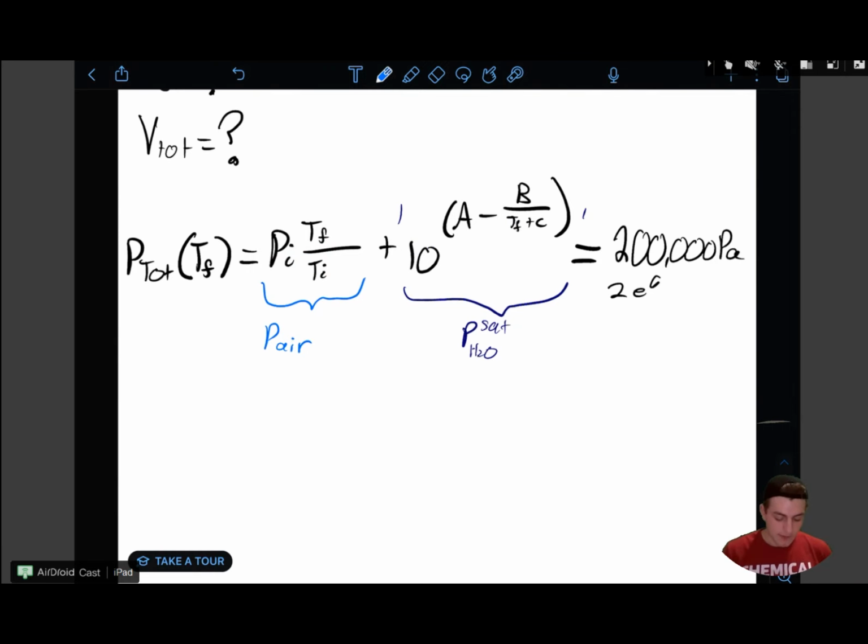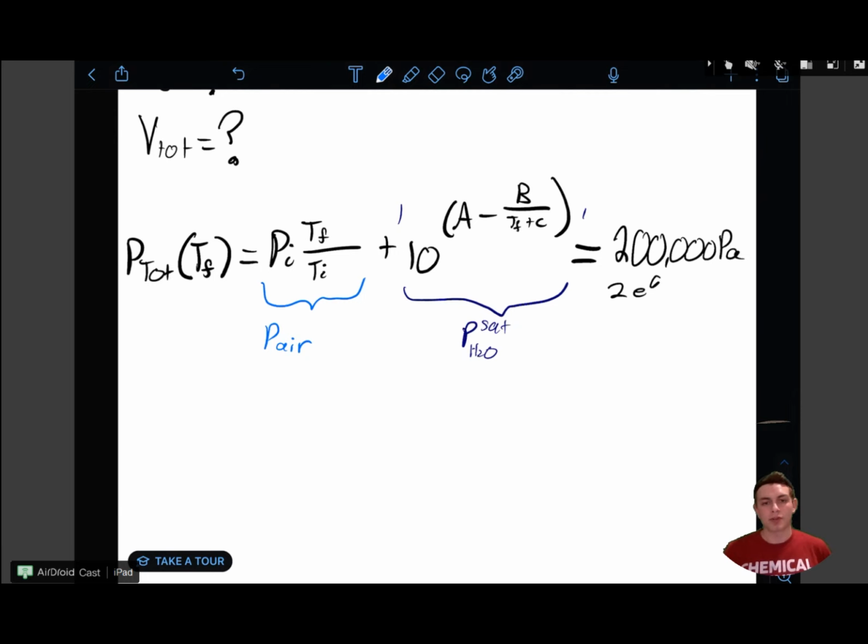Now, the saturation vapor pressure for water is going to stay constant, as the interface we're assuming isn't really changing here. Therefore, we're going to have that same interaction as we did in the initial system.